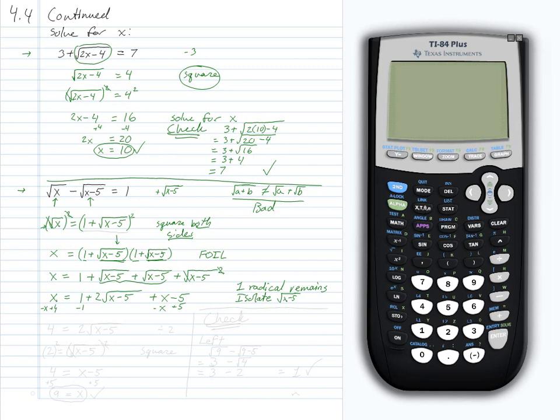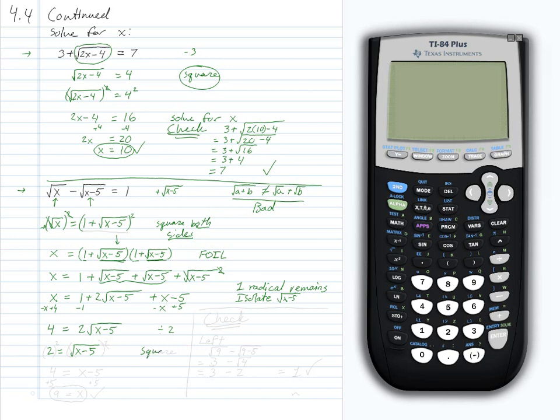So on the left, our x's actually cancel, and we're just left with 4 equals 2 radical x minus 5. And I'll go one step further. I'll divide both sides by 2 to get 2 equals radical x minus 5. And now we'll move on to step 2. We'll raise both sides to the power that will clear this radical.